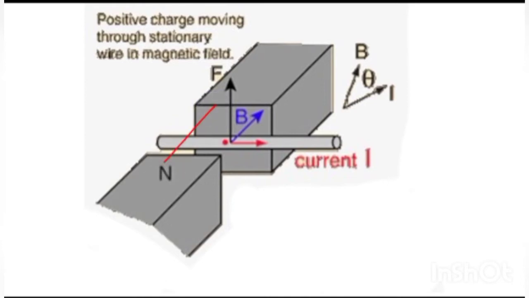Due to this there will be a magnetic field. So we have considered a wire of length L in an external magnetic field, and through this wire a current I is flowing under an applied potential difference.